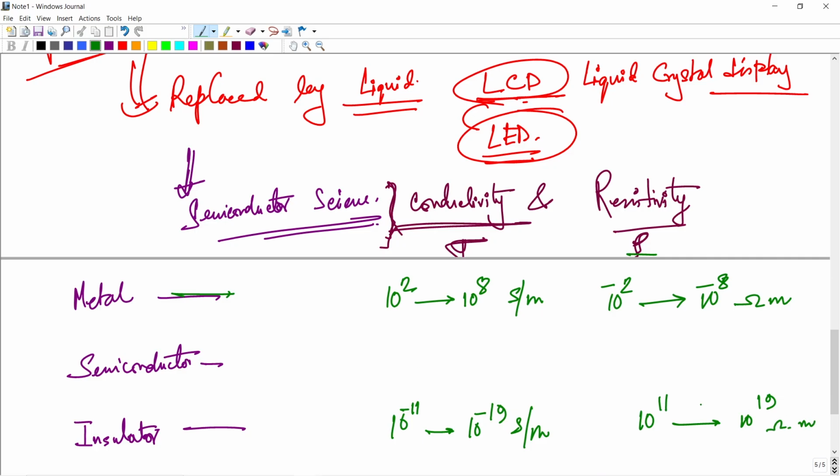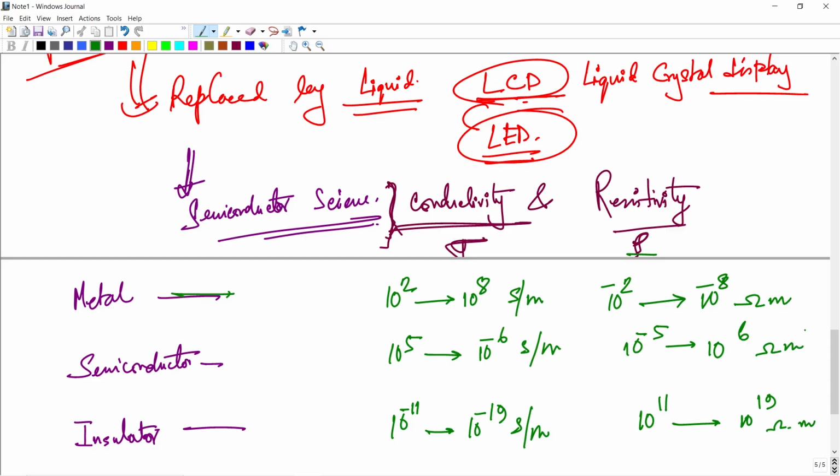So what is a semiconductor? A semiconductor is in between metal and insulator, with moderate resistivity and moderate conductivity, like 10 to the power minus 5 to 10 to the power 6 ohm meter.